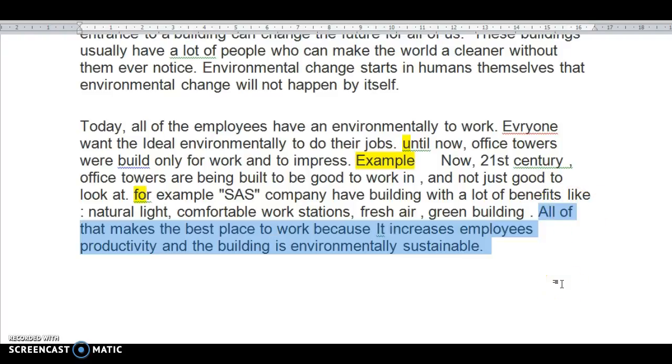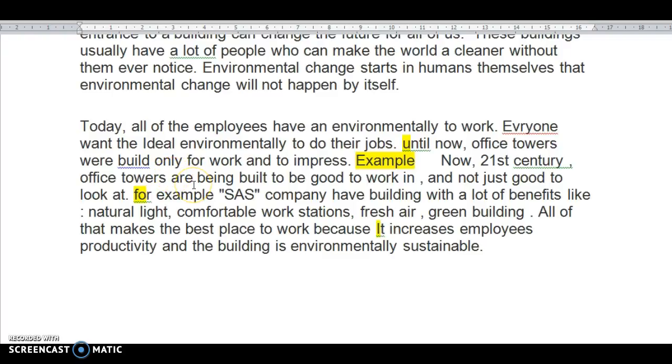"All of that makes the best place to work because it increases." Why is there a capital letter here? It confuses the eye. "Increases employees' productivity, and the environment is environmentally sustainable." So this is a pretty good paragraph. It needs an example here, and it needs a clearer topic sentence.